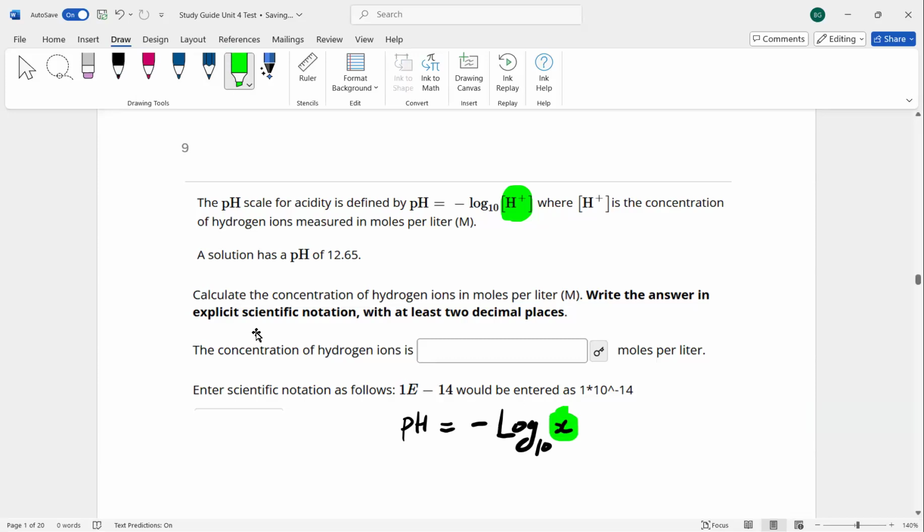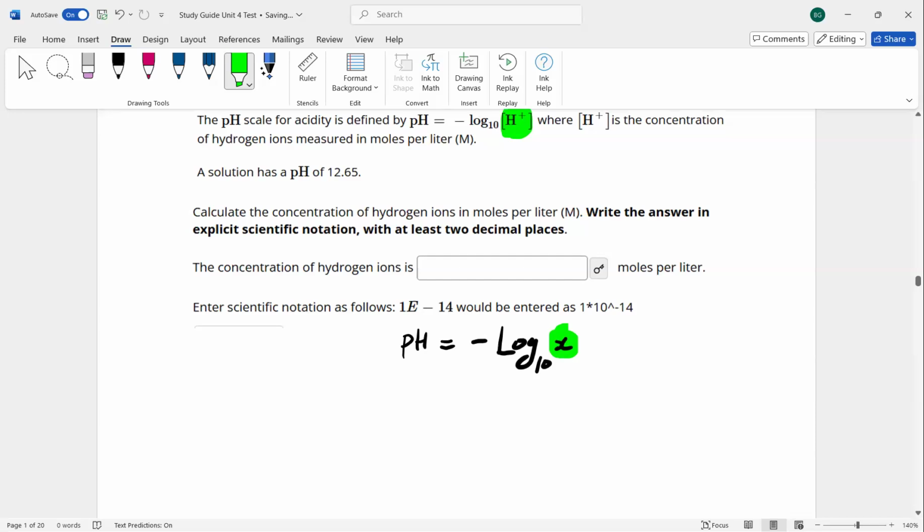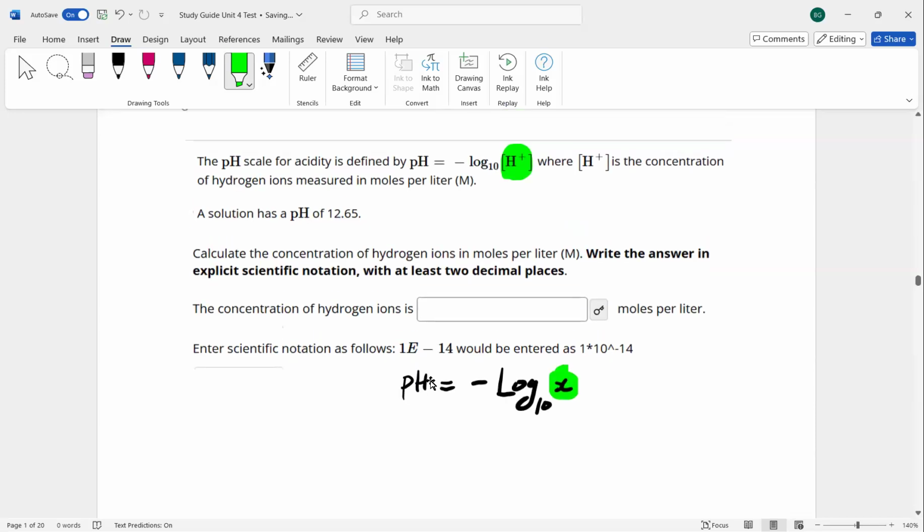All right, so calculate the concentration. Write the answer in scientific notation. Do we have pH given? Yeah, a solution has a pH of 12.65. So on the left side, the value of pH is given, 12.65.